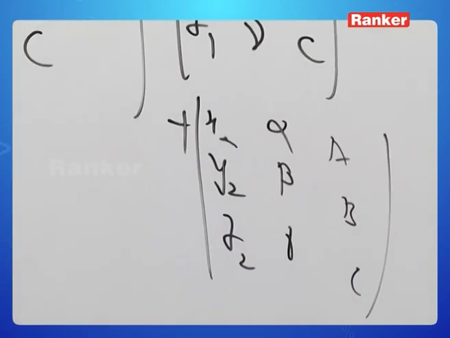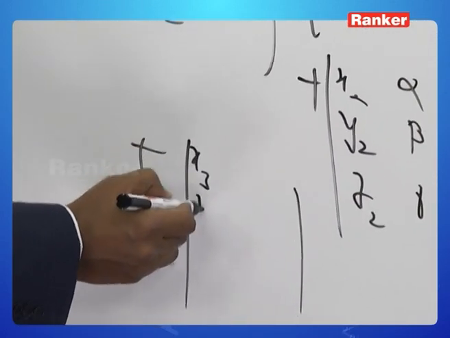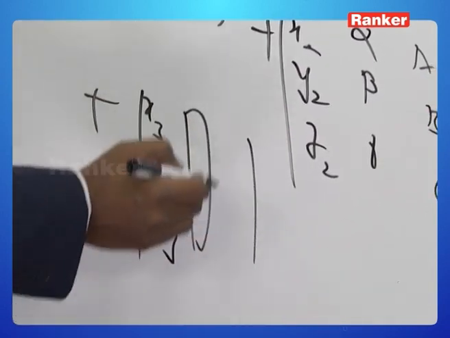The third determinant will have x3, y3, z3, and the other 2 columns being same.